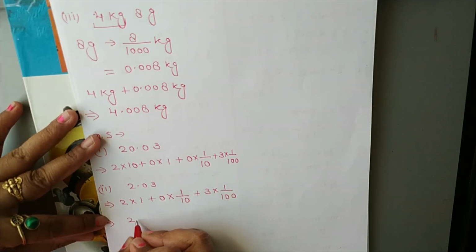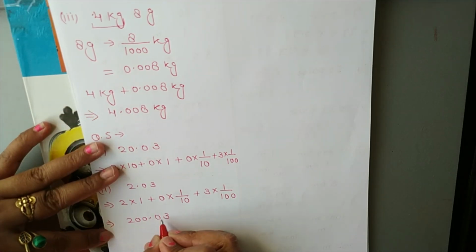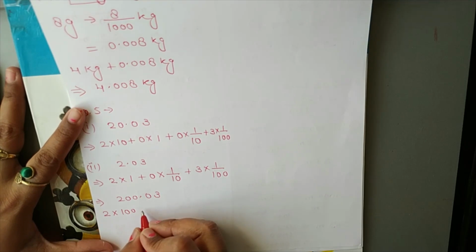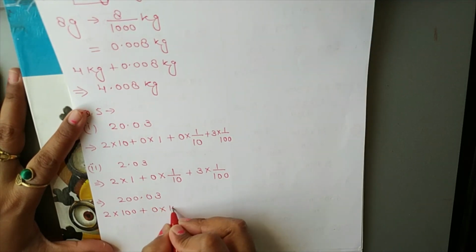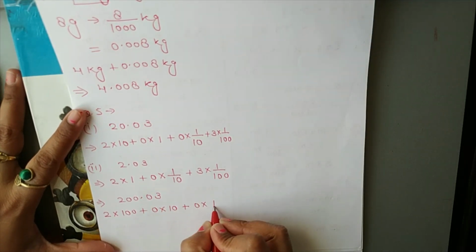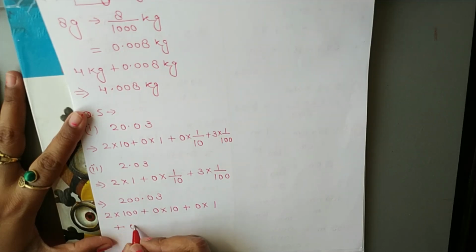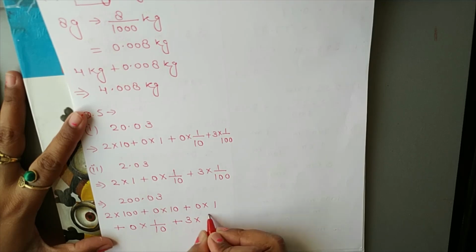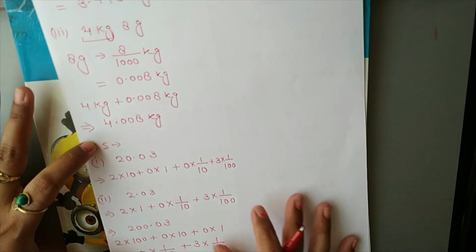Then 200.03. It can be written as 2 into 100 plus 0 into 10 plus 0 into 1 plus 0 into 1 upon 10 plus 3 into 1 upon 100.